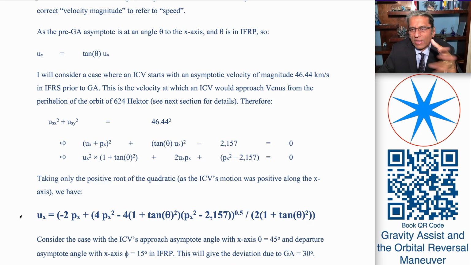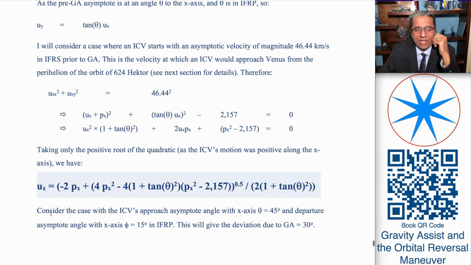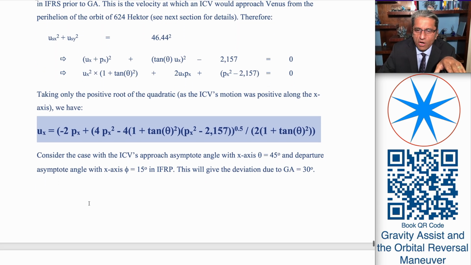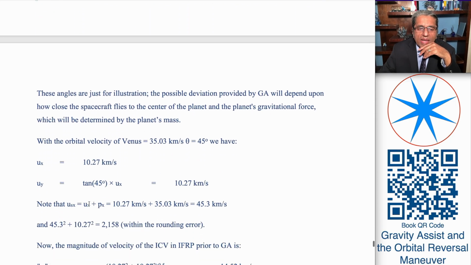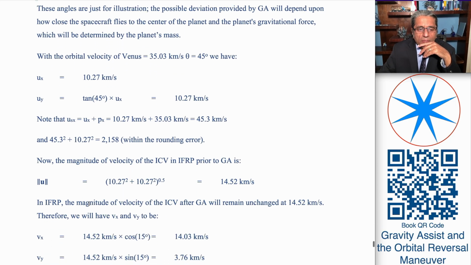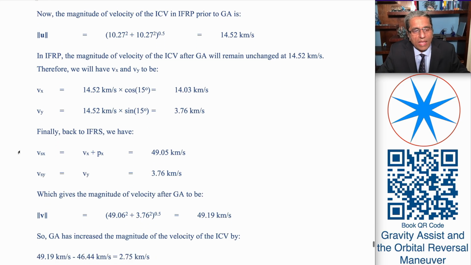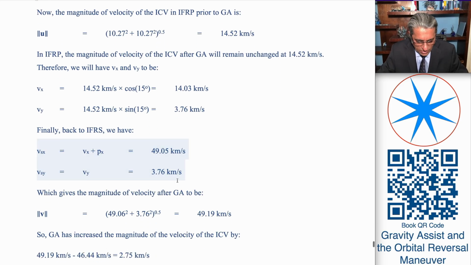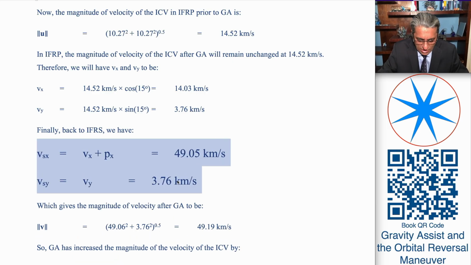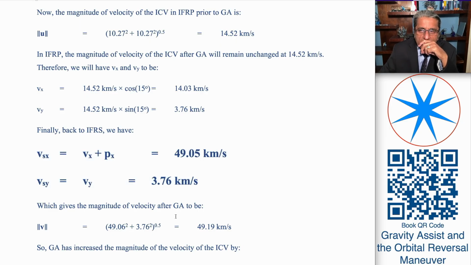I'm just going to skim over this, and what you get is that the initial velocity along the x-axis is given by this formula, and the final velocities along the x and y axes will be given by these formulas.